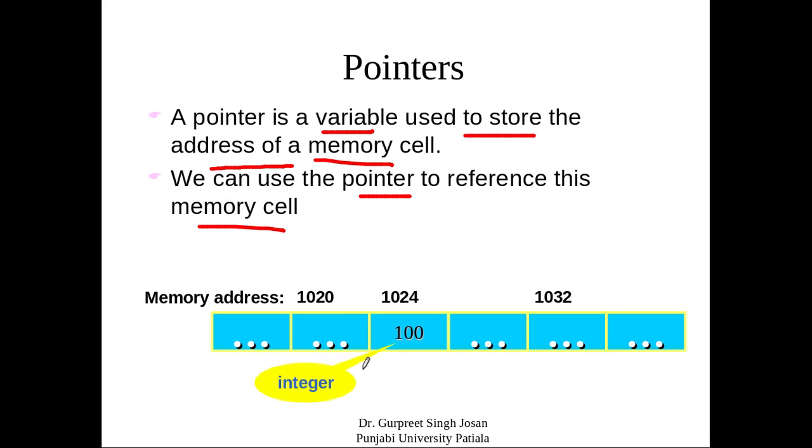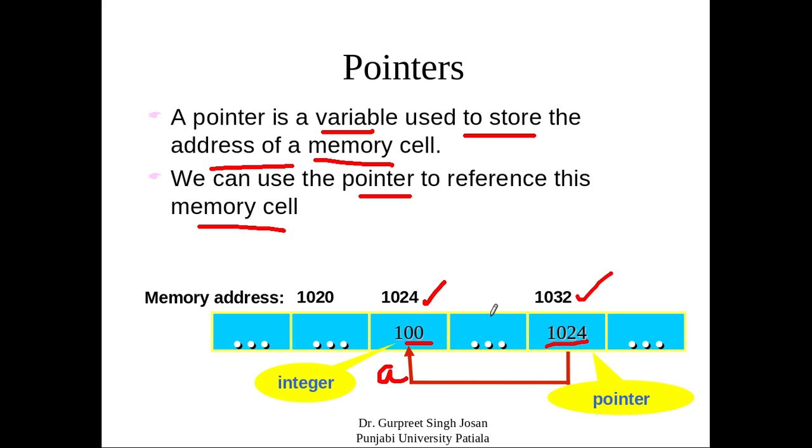For example, if we declare variable a as in the previous case, with its value, and 1024 is the address of that variable a, then we can declare a pointer. Pointer is another location in the memory, which has its own address, and the content of this location is basically an address.